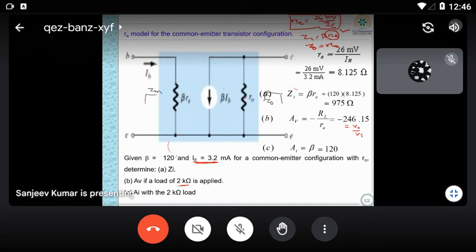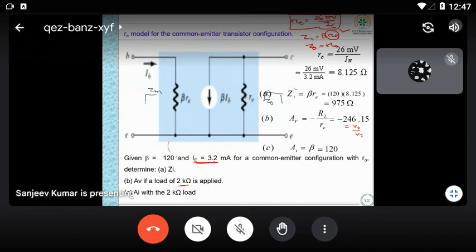From this amplifier design, as I already told, input impedance should be a higher value. In common base, input impedance is only RE, but in common emitter, it is beta RE. That's why common emitter configurations are used for amplifiers. Now after BJT, we'll go to FET, then MOSFET, then op-amp.